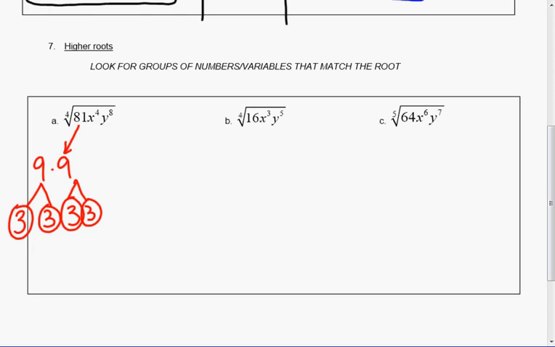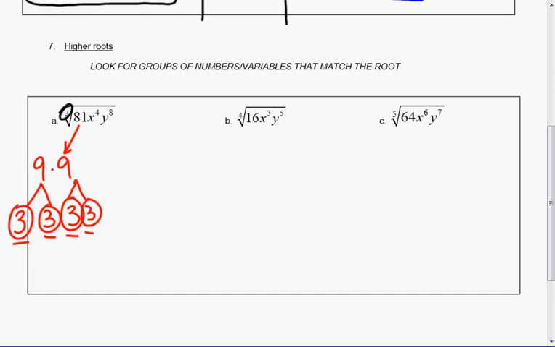And I circle them to show that those are prime numbers. Now remember, when we're talking about a 4th root, we're talking about 4 numbers that are the same that will multiply to give us that number on the inside, that 81. Well, look here. We have 3 times 3 times 3 times 3.